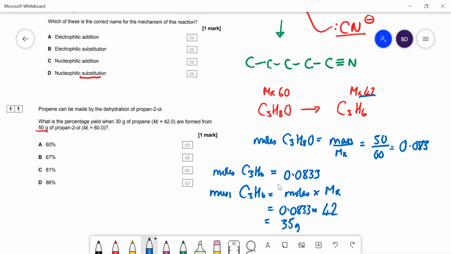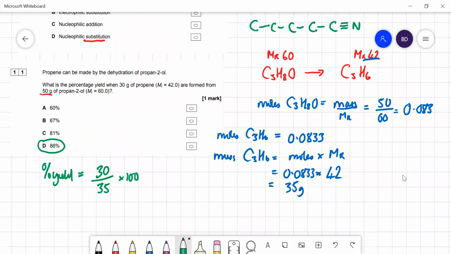So we should get 35 grams, but we only get 30 grams. So the percentage yield is equal to what we do get, 30, divided by what we expect, 35, multiplied by 100, which is equal to 86%. So that is the answer there. Quite a lot of work for 1 mark. Okay.